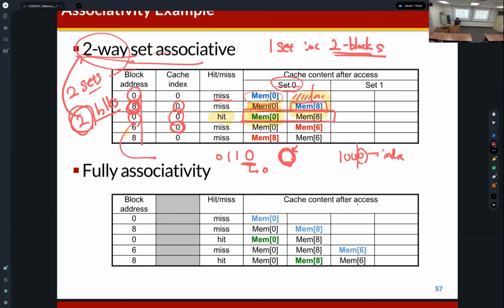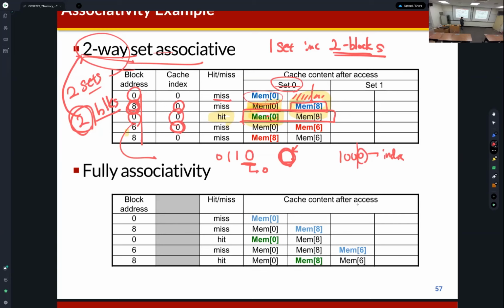So one of these blocks needs to be evicted from the cache. If we use a set associative cache or fully associative cache, then we need to decide which block to evict if the target set is already full.